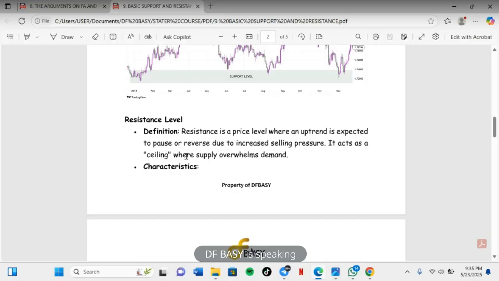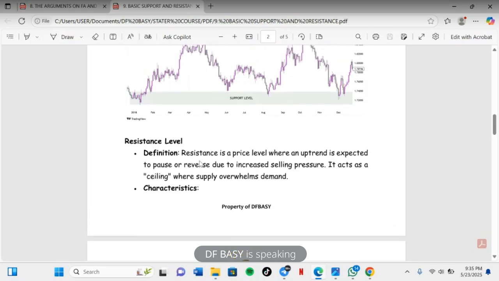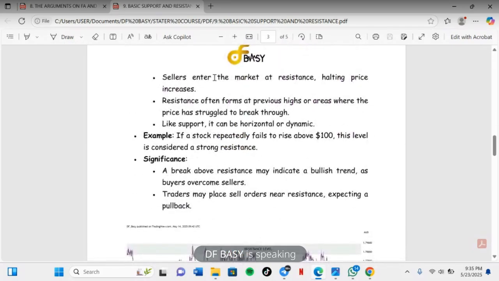It acts as a ceiling where supply overwhelms demand. Sellers enter the market at resistance, halting price increases. Resistance often forms at previous highs or areas where the price has struggled to break through. Like support, it can be horizontal or dynamic, right?